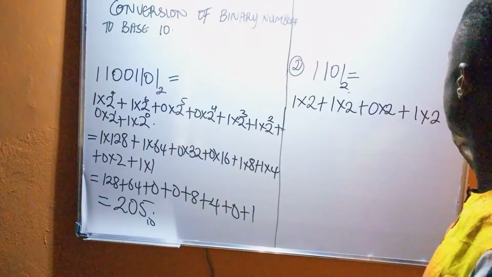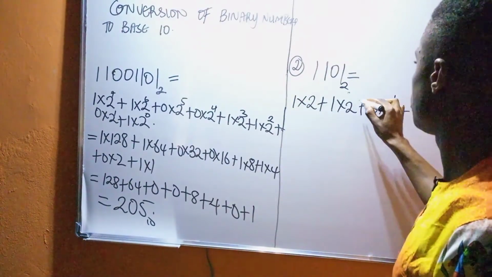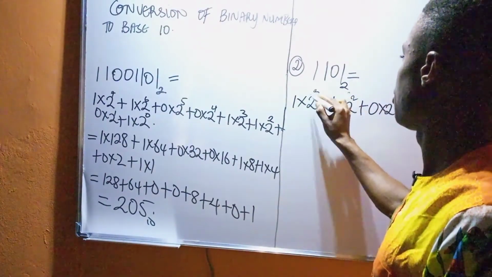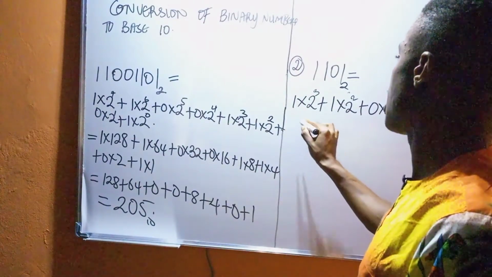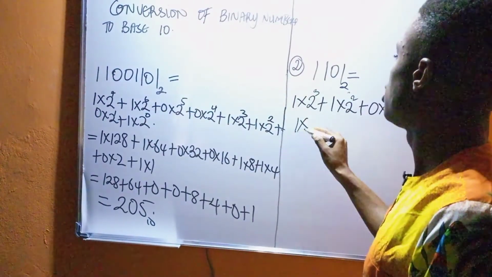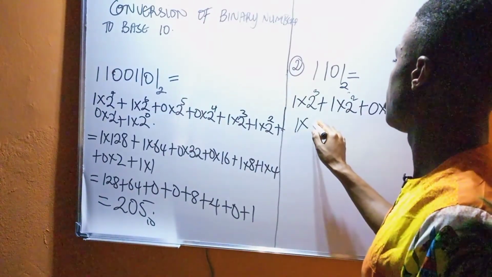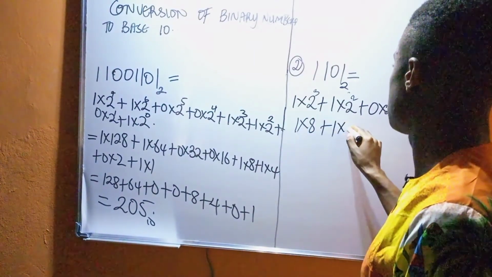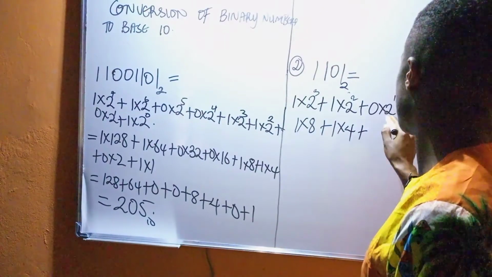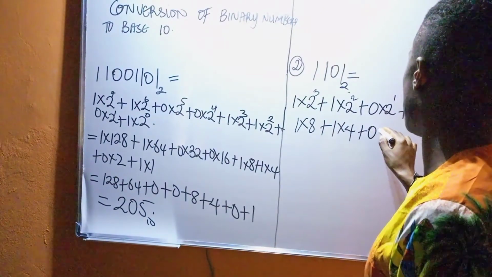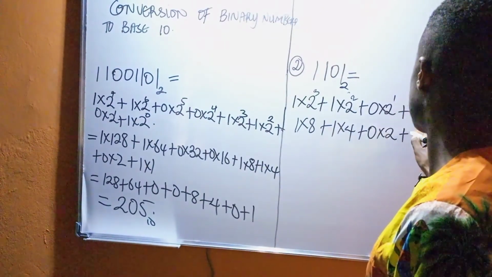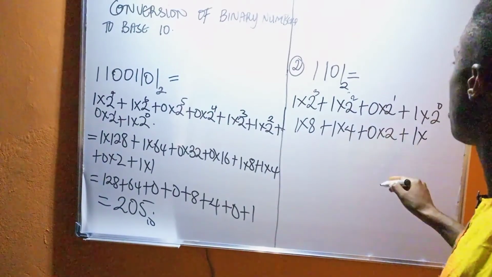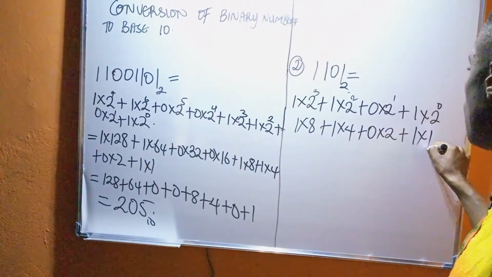So from the right I have 0, 1, 2, 3. Then you can see I have 1 times 2 raised to the power 3 is 8, plus 1 times 2 raised to the power 2 is 4, plus 0 times 2 raised to the power 1 is 2, plus 1 times 2 raised to the power 0 is 1.